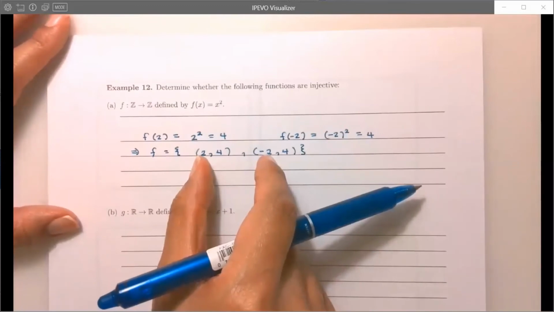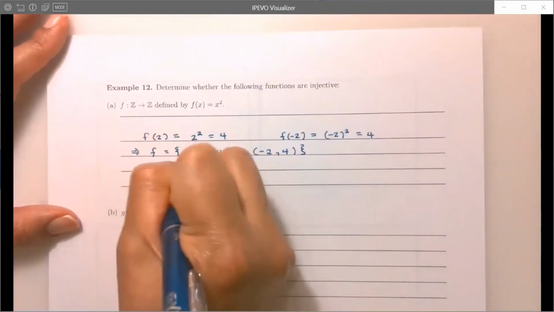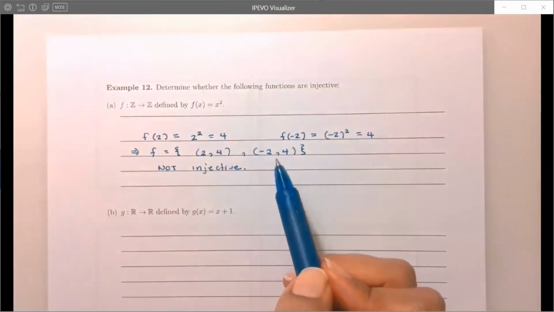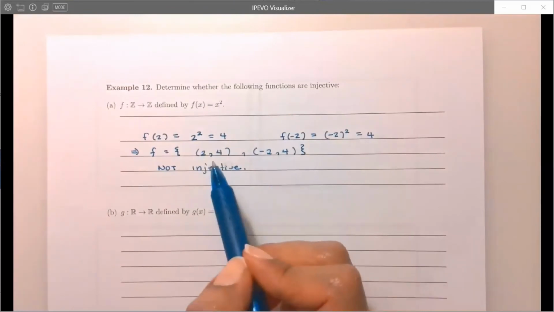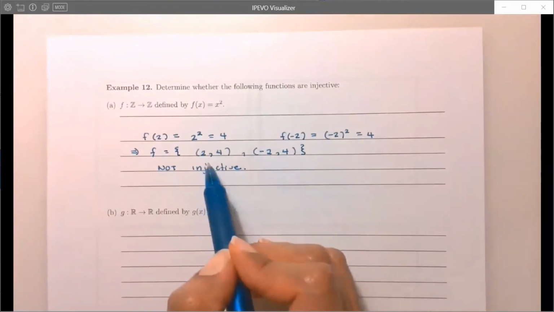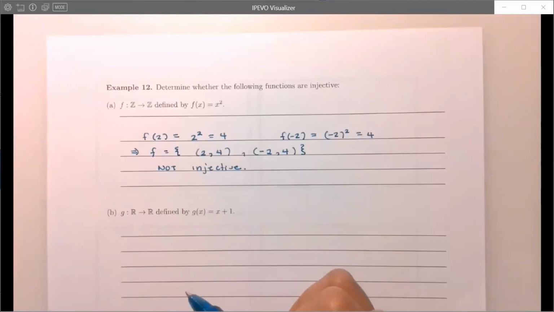So this is not injective, because we found at least one output with two different corresponding inputs, or one image with two different pre-images. This is one of infinitely many. If you take 9, 9 has corresponding pre-images -3 and 3. If you take 16, you're going to have -4 and 4. So basically, all of the nonzero elements of the range have two pre-images.